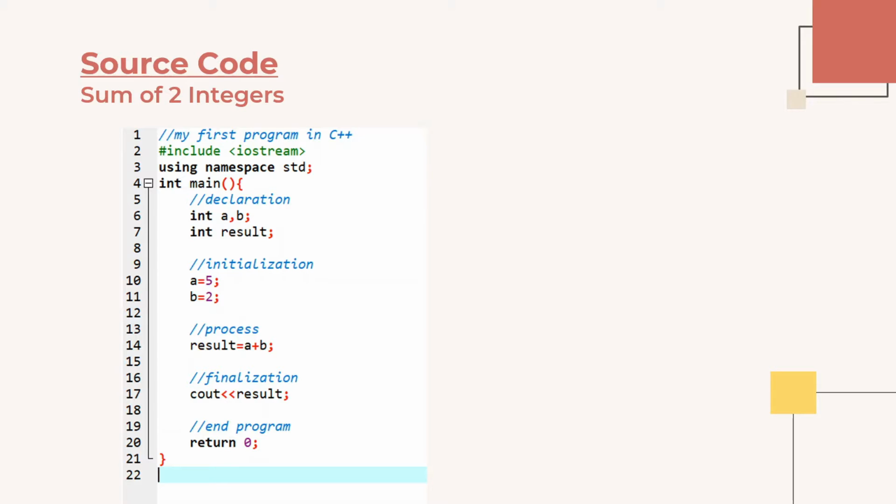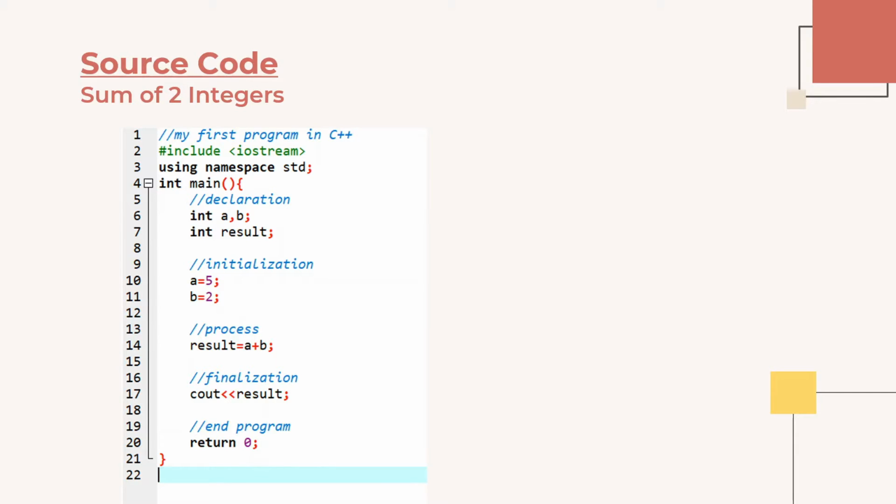First we need to declare the variables that are used to process the sum of two integers, a and b. The type of data used in variables a and b is integer. We also declare the result variable to store the sum result.